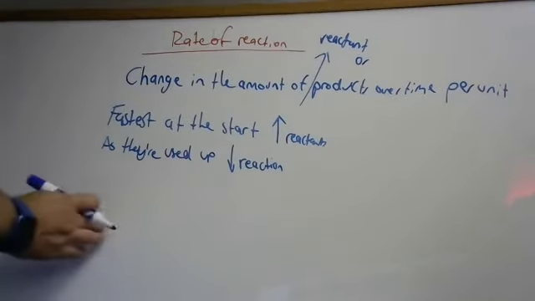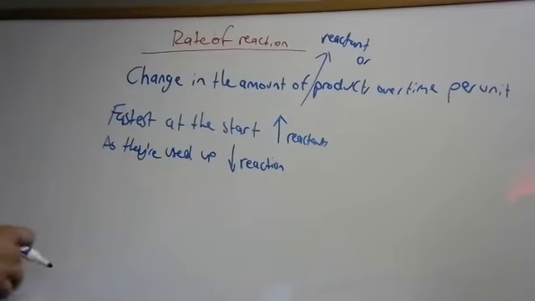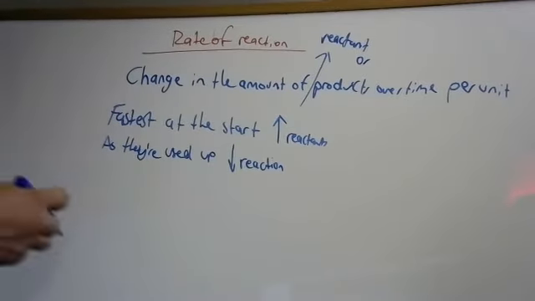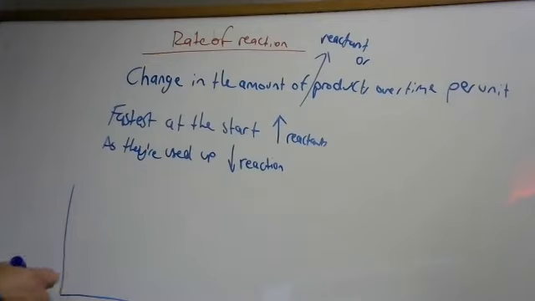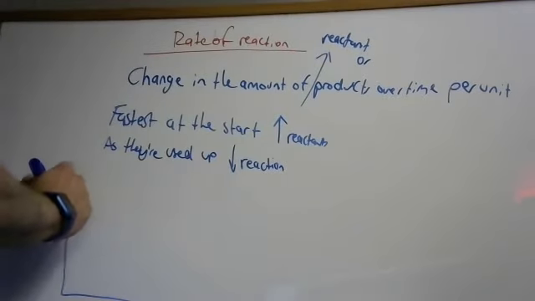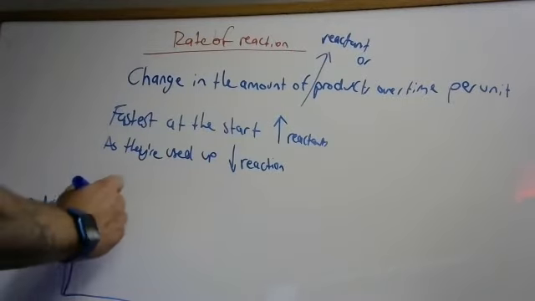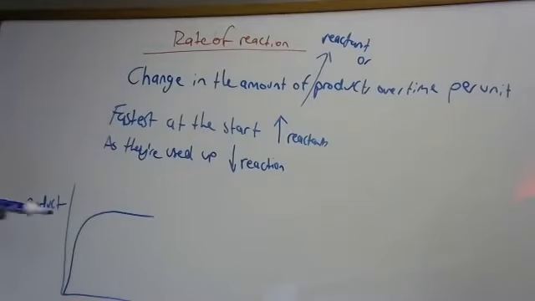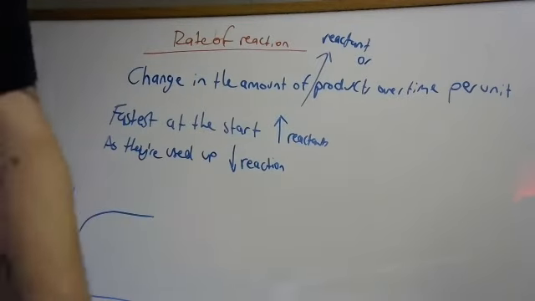So if we were to use a graph, and this being the product, the amount of product over time, it would look something like this. So who can tell me why it would taper off like that? The idea is why the reaction would just basically stop.